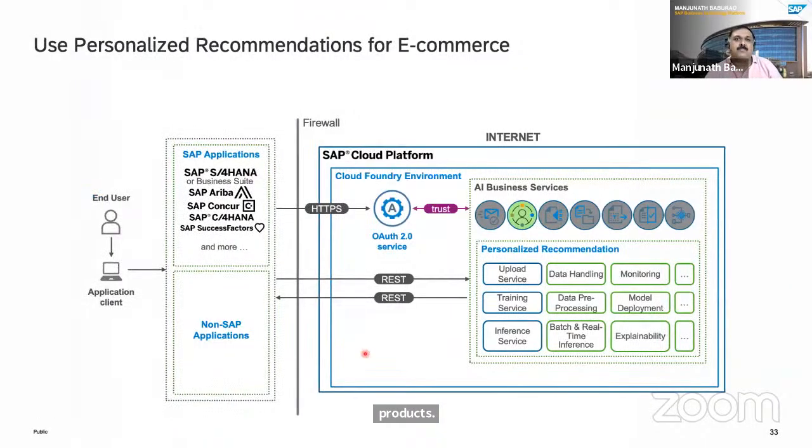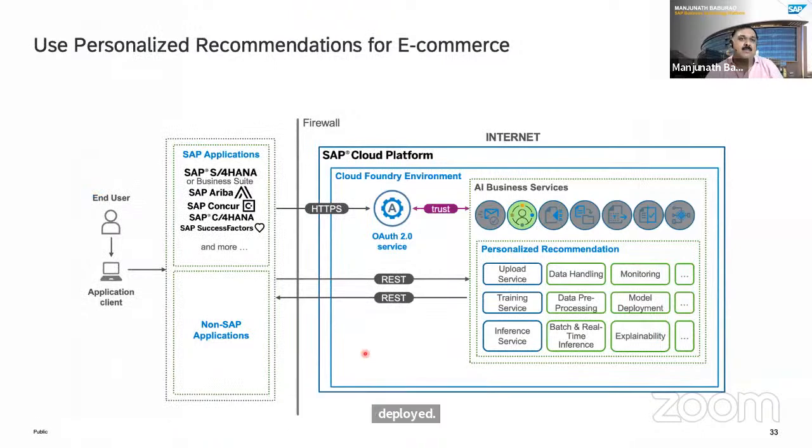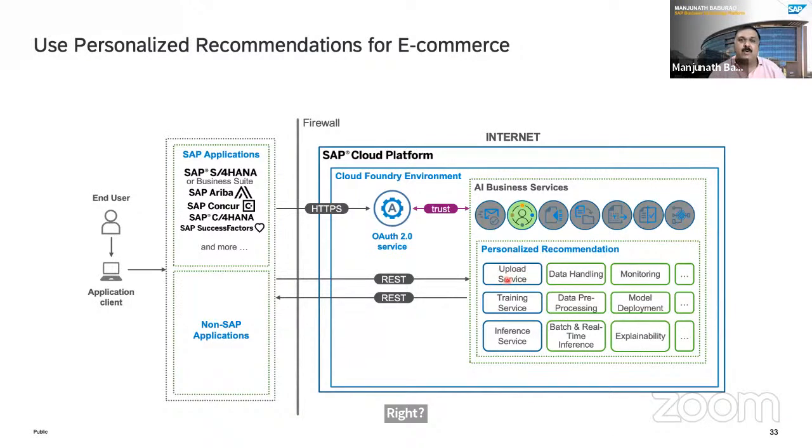A very concrete use case of, let's say, AI business service is the personalized recommendations, right? The service itself has an upload service so that you can put in data based on the history of the particular consumer that you are talking about. There is a training service wherein you can do processing of the data going forward so that the model becomes more and more efficient.